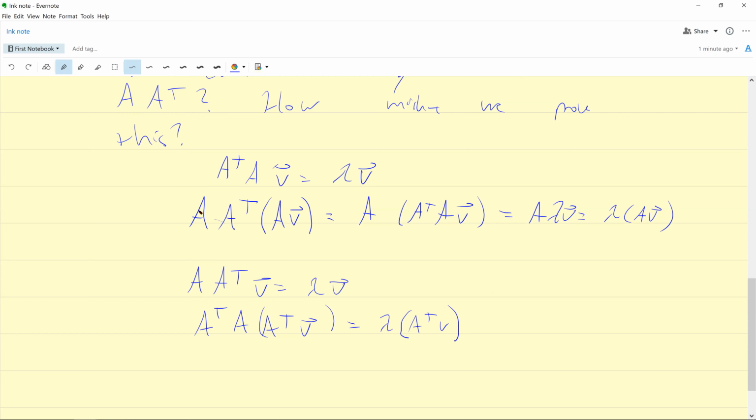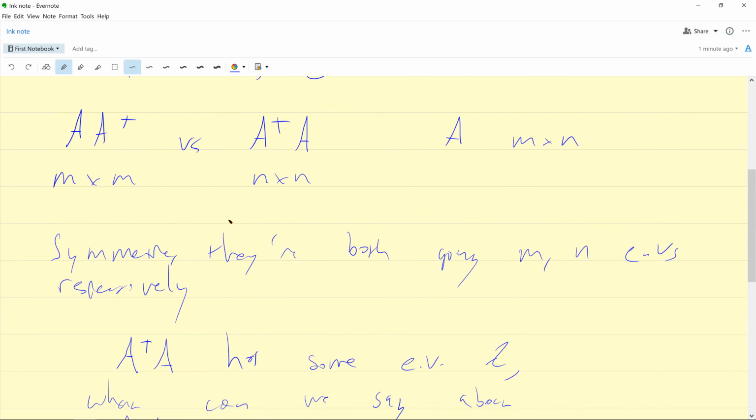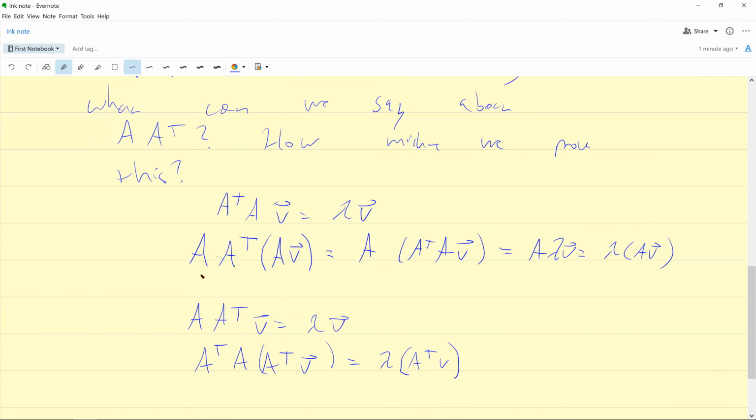I'm looking for eigenvalues of A A transpose. A A transpose in this case is M by M. Your V is in Rn, but your AV is in Rm. So I'm taking this vector in Rm and plugging it into our matrix that's M by M.